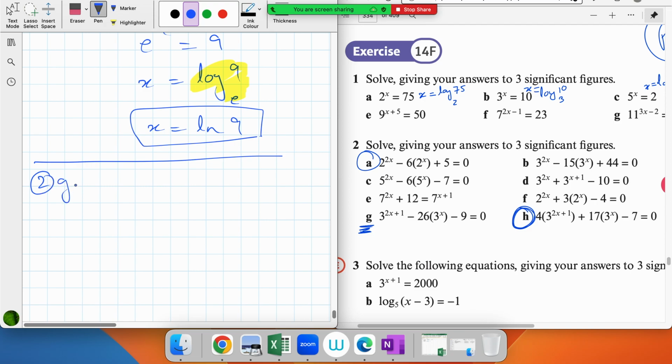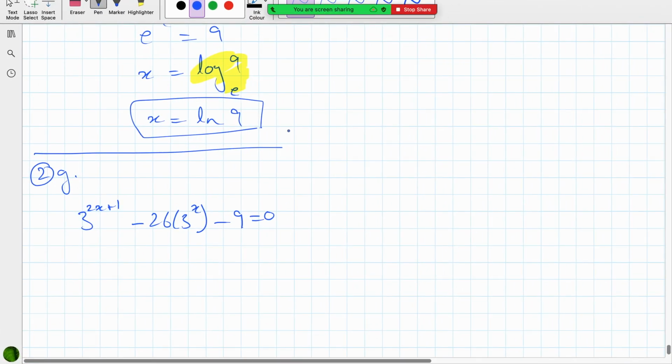Okay, question 2, G part. 3 raised to power 2x plus 1 minus 26 into 3 raised to power x minus 9 is equal to 0. This time I will try to do it directly but slowly so you don't miss it. I say let y be equal to 3 raised to power x, and I'm writing y square multiplied by 3 minus 26y minus 9.